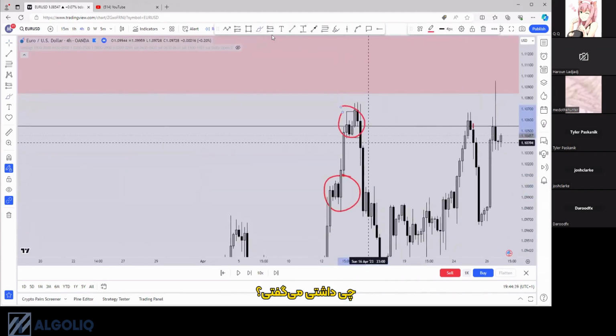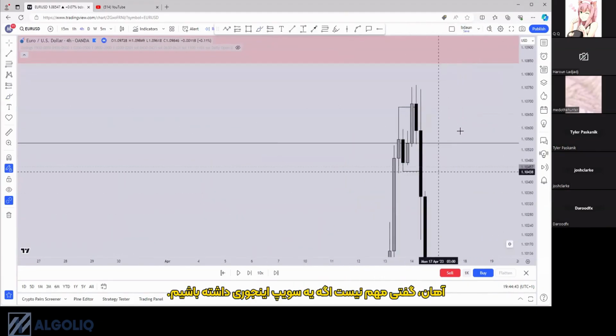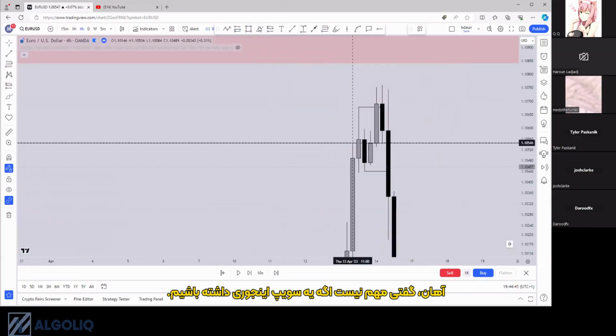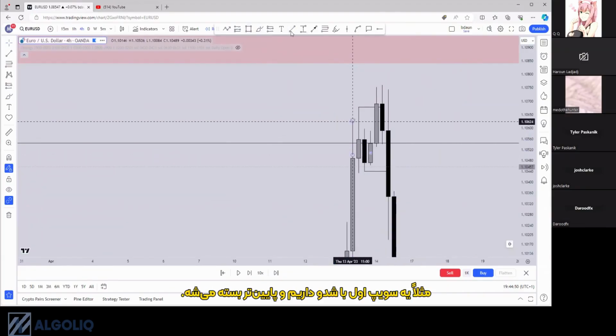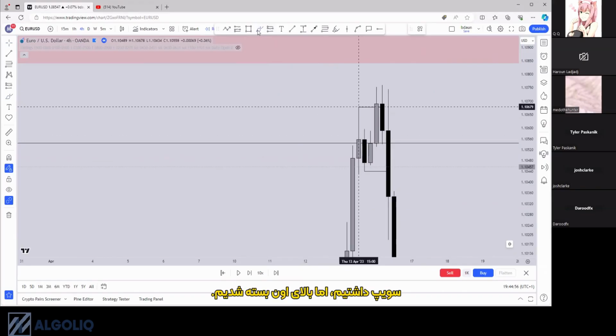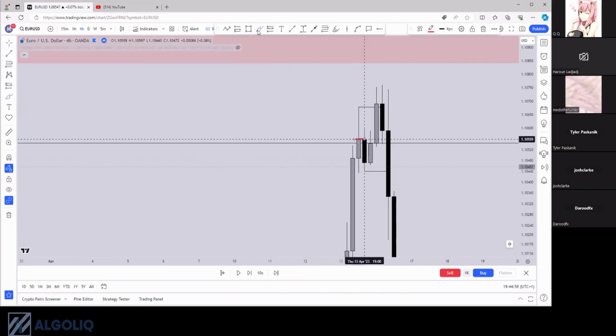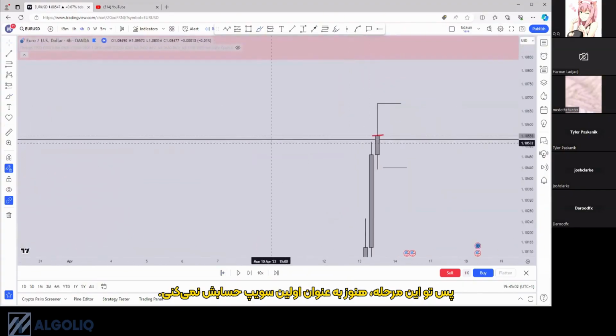What were you saying? Like if it closes lower? Oh, we said it doesn't matter if we have a sweep like this. Like we have a first sweep with a wick and we close below, this you can count as first sweep already, but that didn't happen. We had a sweep, but we closed above it. So at this point, you don't see it as our first sweep yet, okay?